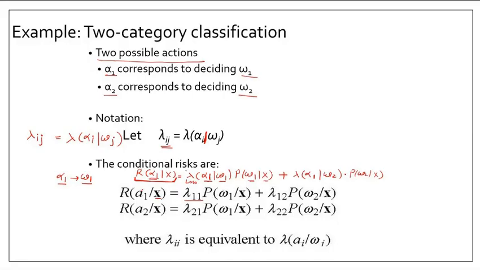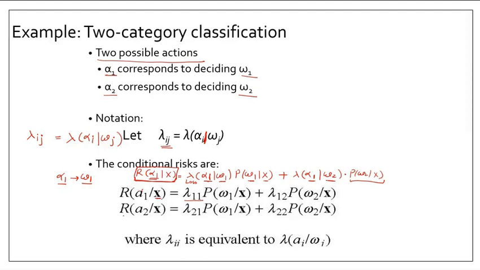So this will give you the risk for this half part. And the second half is, if you take decision alpha 1 and the true state was, suppose, omega 2, multiplied by the probability of omega 2 given x. So this will give you one component of risk when you take decision alpha 1.